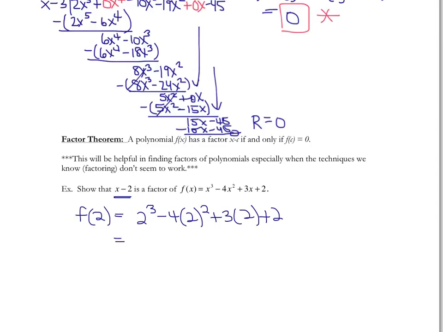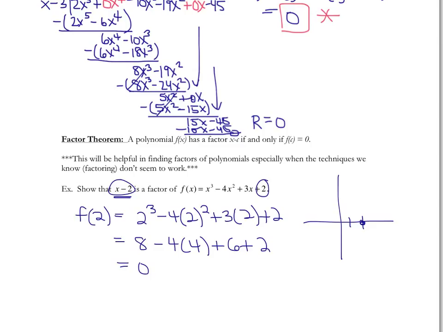And when I do that, I get 0. So we know that x minus 2 is a factor of this polynomial. If I went to sketch it later on, I know that one of the zeros would be here. And look here, I can tell that the y-intercept is 2. So I know 2 points of this graph so far, based on what we know.